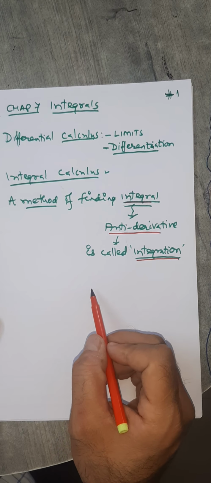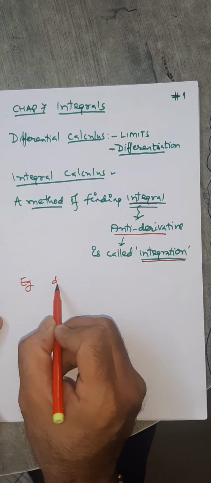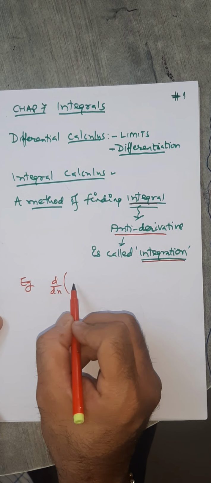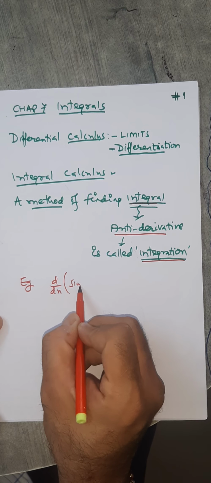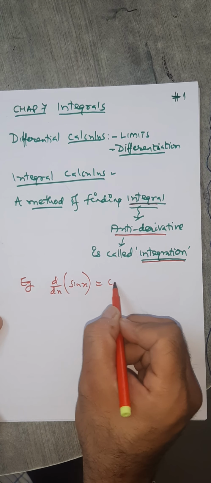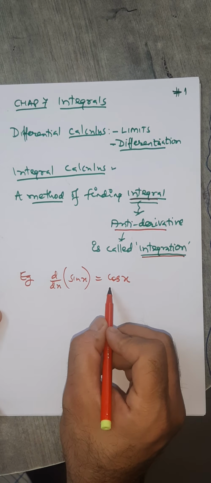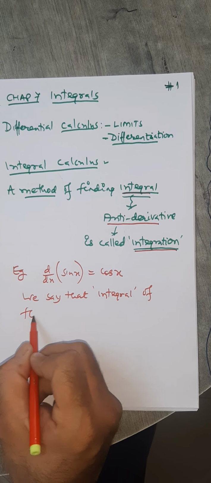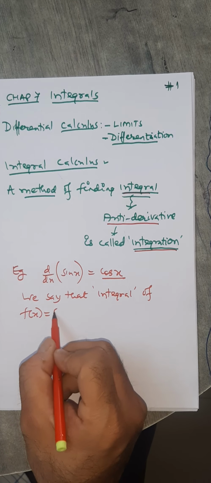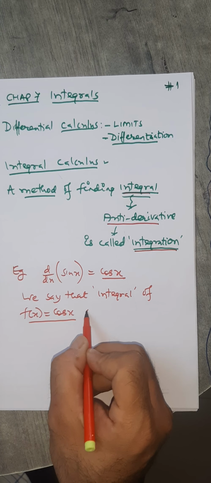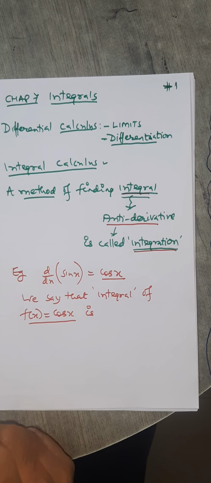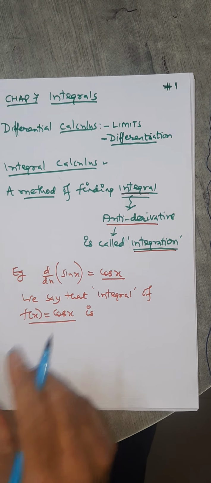For example, you know d by dx of sin x. You know the derivative of sin x is cos x. So we say that the integral of cos x equals sin x.